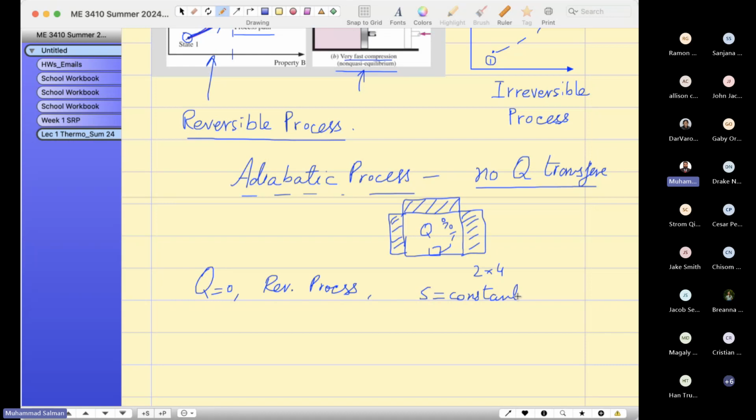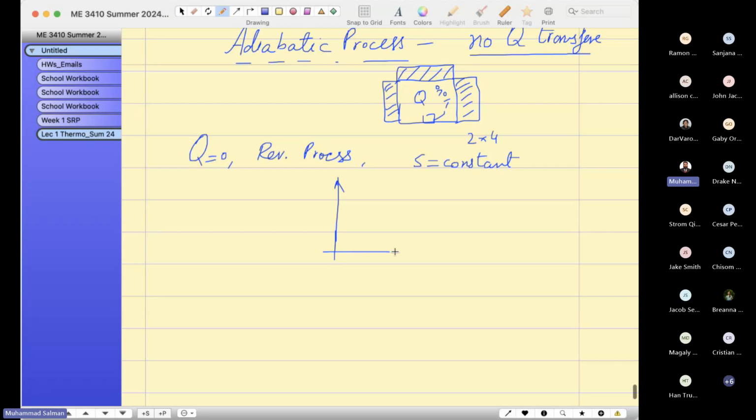When you see two properties, like if I define specific volume versus entropy, and you have a process from one equilibrium state point to another equilibrium state point, during the process entropy is constant. It is because you have perfectly insulated the container, and it is a completely reversible process. All the points are traceable. Then entropy remains constant throughout the process.